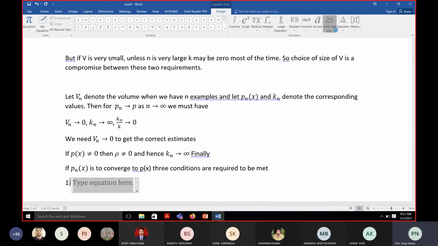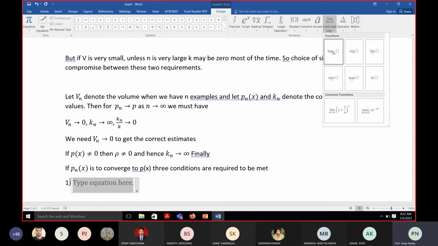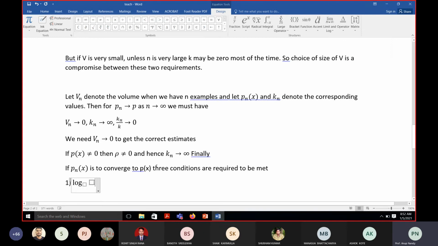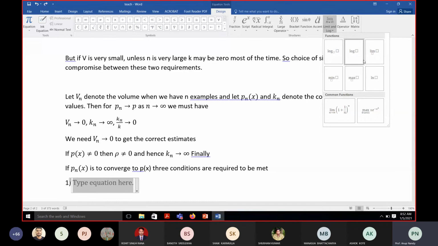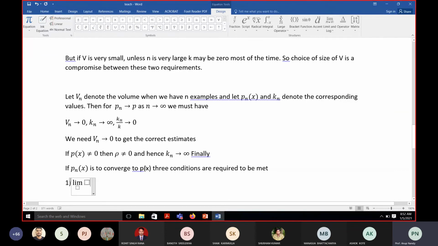Limit n tending to infinity of Vn is equal to 0.